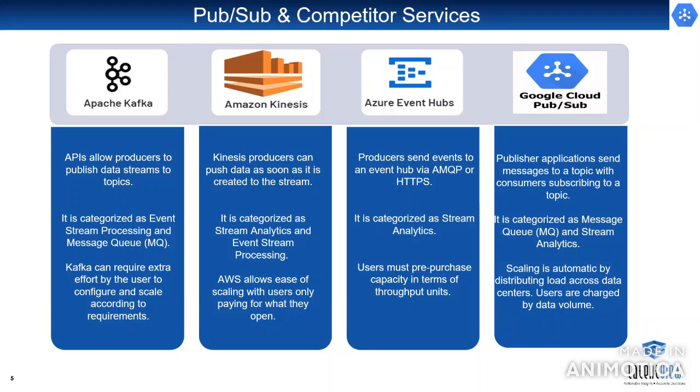If the user wants his messages to be persistent for more than 7 days, then he can choose a service other than PubSub, because in PubSub the retention period of the messages is 7 days at maximum. So other services have more retention period compared to PubSub.